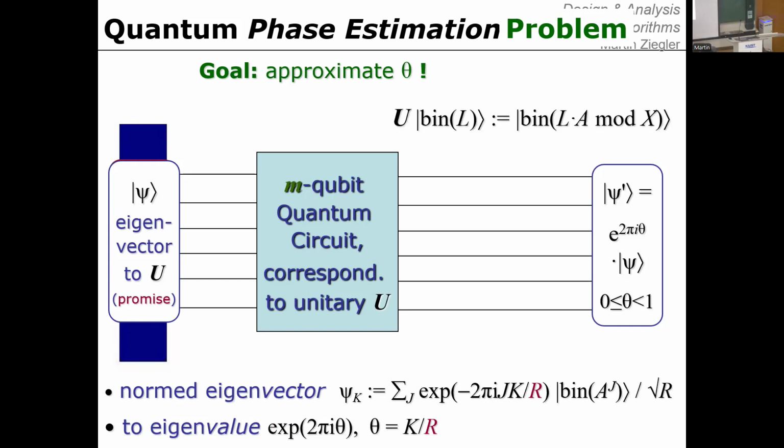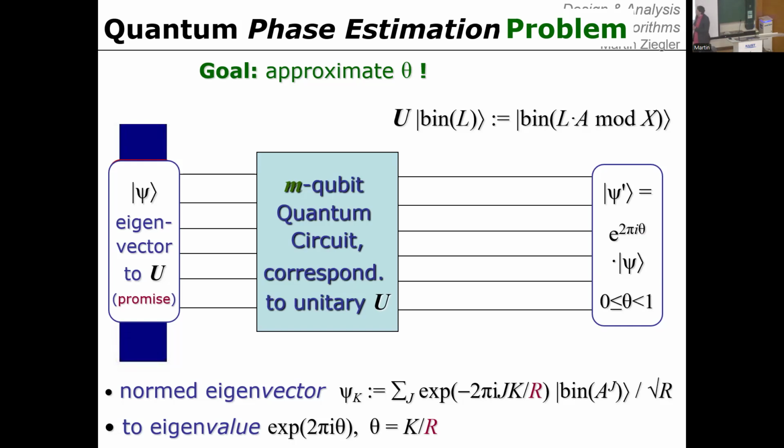But we cannot make use of them directly. In the rest of the next 30 minutes, I'm going to show you how to describe a quantum circuit for solving the quantum phase estimation problem. But first, suppose we have solved it, how can we make use of that? Because it needs that promise that the input is an eigenvector. How can we invoke the quantum phase estimation circuit?